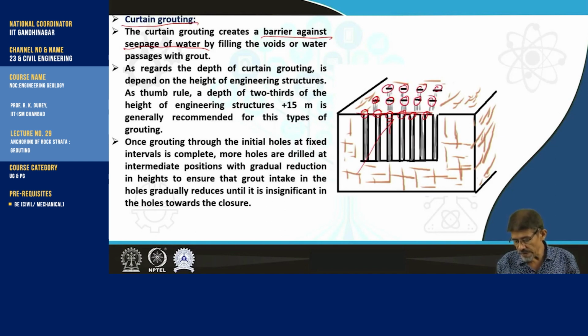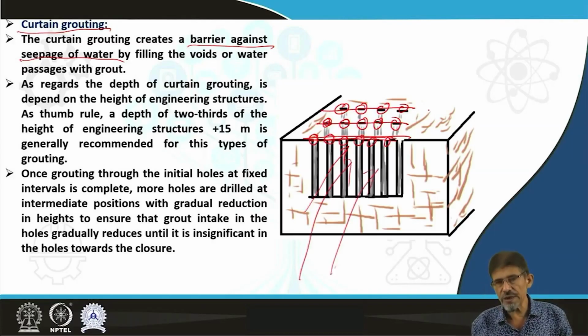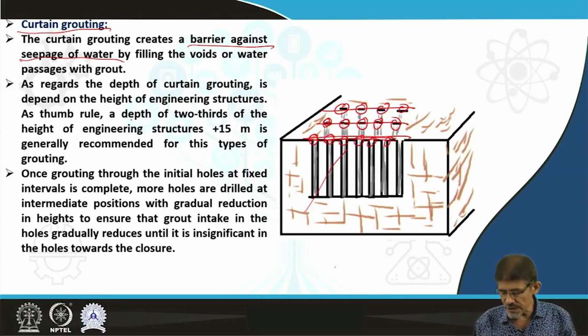In this way we create a first layer of curtain, a second layer of curtain, a third layer of curtain grout, to check the flow of water and enhance the rock strata by reducing the permeability and discontinuity level of the rock strata. As far as depth is concerned, the depth of the grout hole depends on the nature of the structure which we are going to construct here.